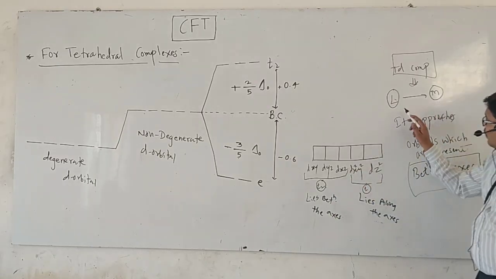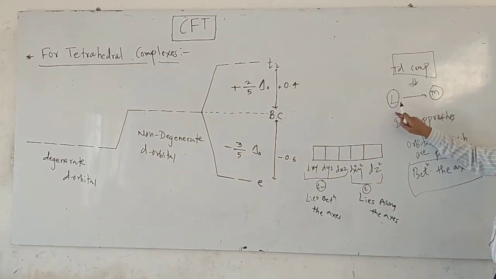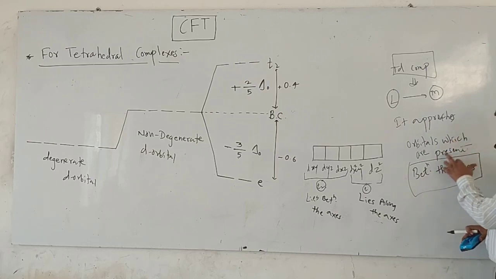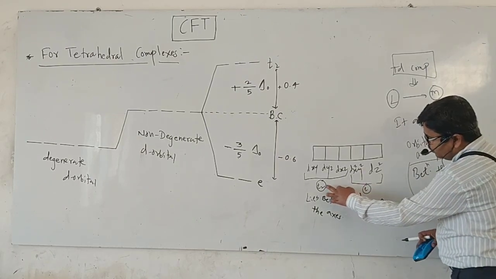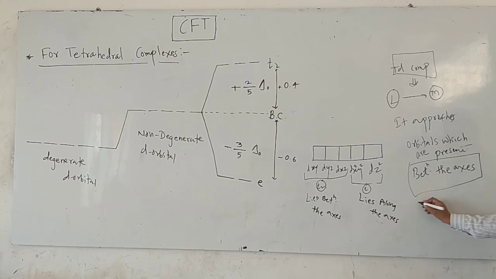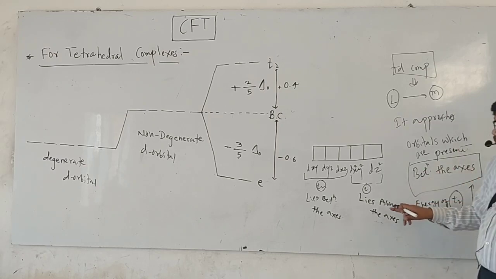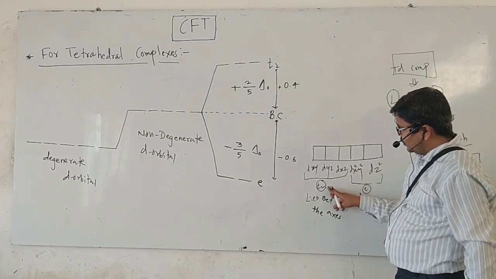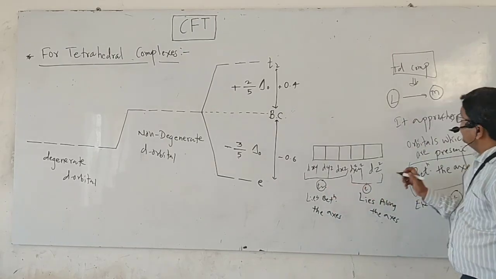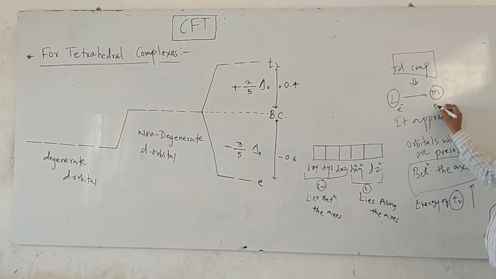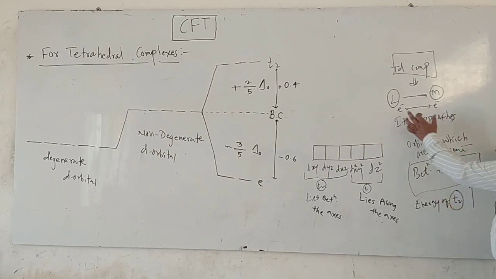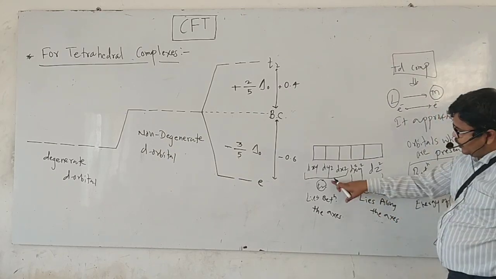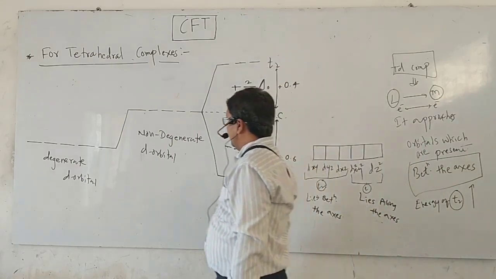So as the ligand approaches the orbitals between the axes, the energy of T2 increases. Why will the energy of T2 increase? Because the ligand approaches T2 first. So there will be repulsion between the electrons of the ligand and the electrons of the metal. Because of this electron repulsion, the energy of T2 will increase. So T2 lies at the upper level.